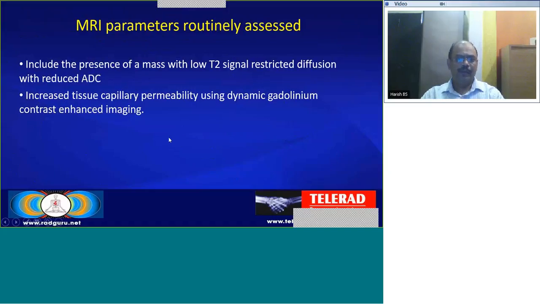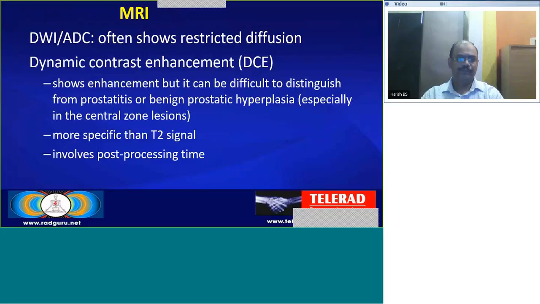The MRI parameters routinely assessed include the presence of a mass with low T2 signal and restricted diffusion with reduced ADC, and increased tissue permeability that demonstrates as contrast enhancement on dynamic gadolinium images. The diffusion weighted images usually show restricted diffusion.